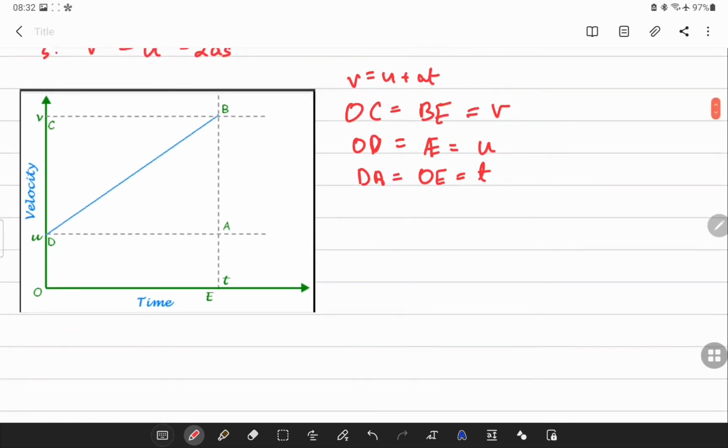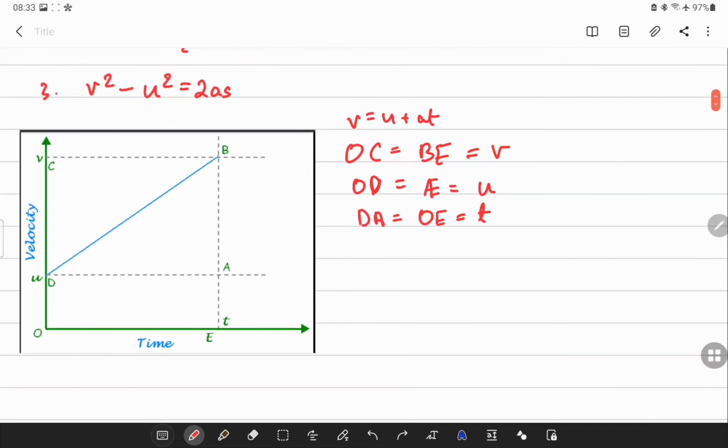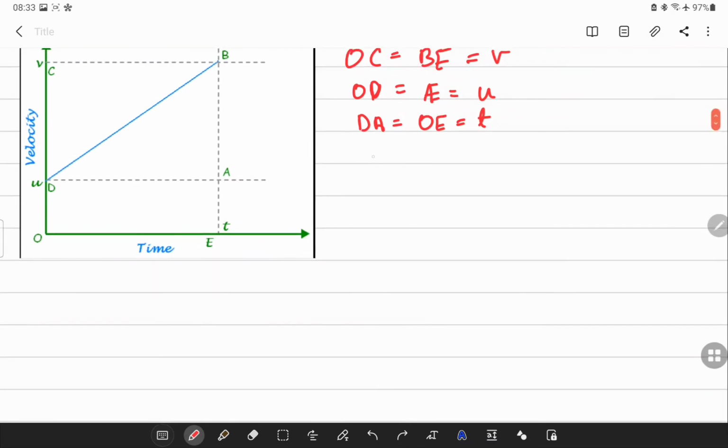Now acceleration, as we know, is equal to change in velocity, v minus u, upon time. Let me simplify: it will be equal to (BE minus AE) upon (t minus 0).